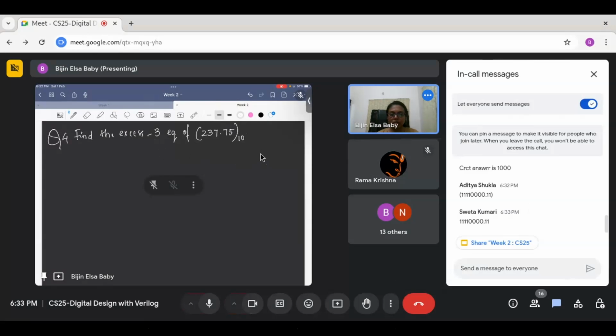BCD is a weighted code. So for BCD, the weights will be 8421.